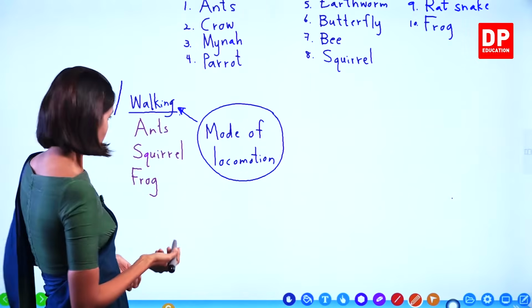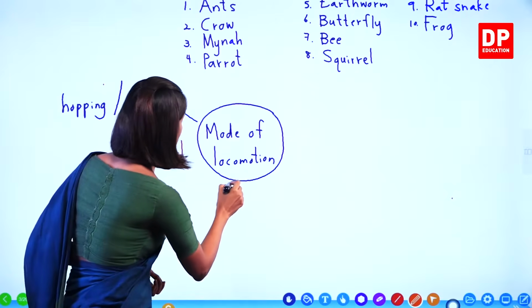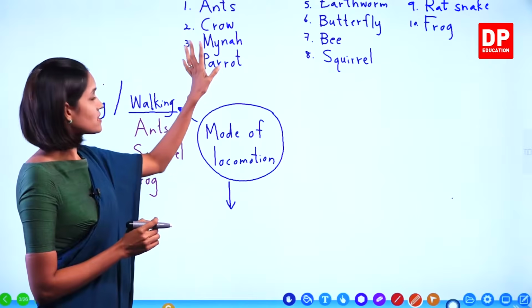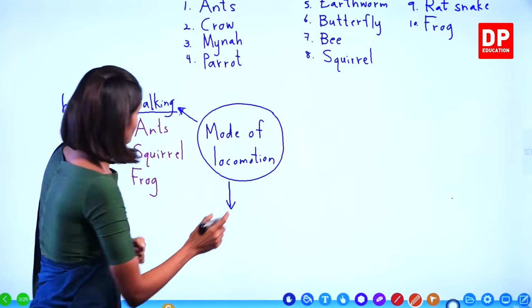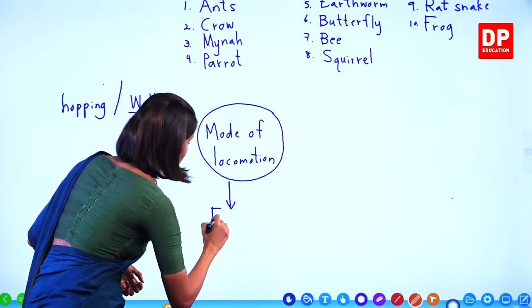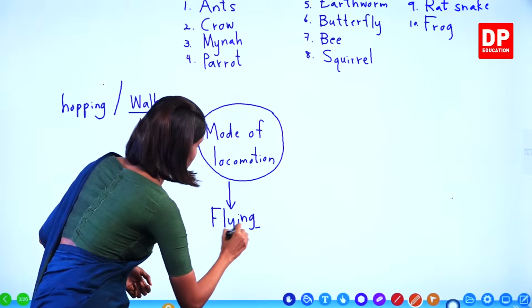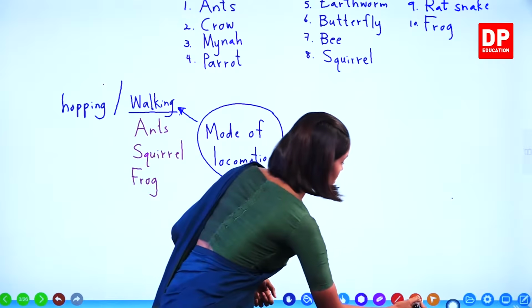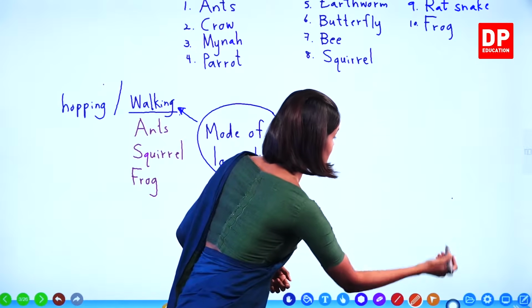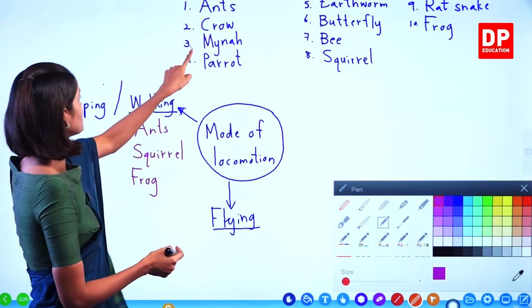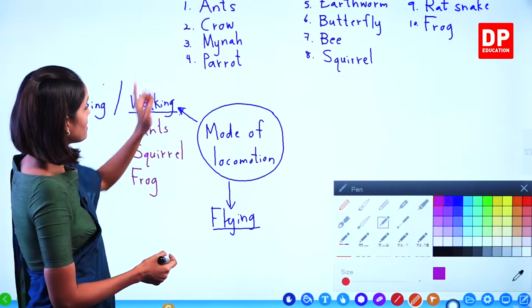Okay, right. We will write the next one. I will take the second one as flying animals. Flying. So who are the animals that fly in this list, children? Look carefully. Yes, we have 3 birds: crow, myna, parrot.